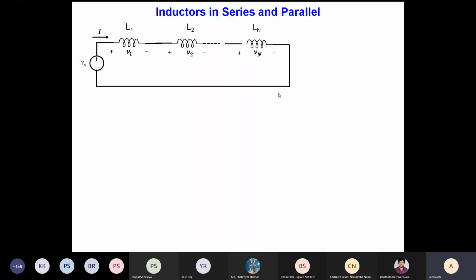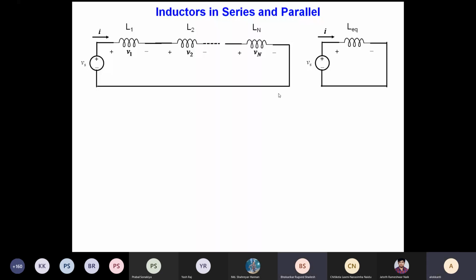Is it possible to represent the series combination of inductors by an equivalent inductor? We are trying to see what their equivalent will be.